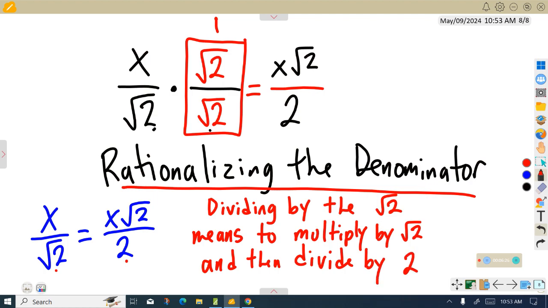So, dividing by root 2 means multiply by root 2, divide by 2. To multiply by the square root of 2 and then divide by 2 is the same thing as dividing by the square root of 2.